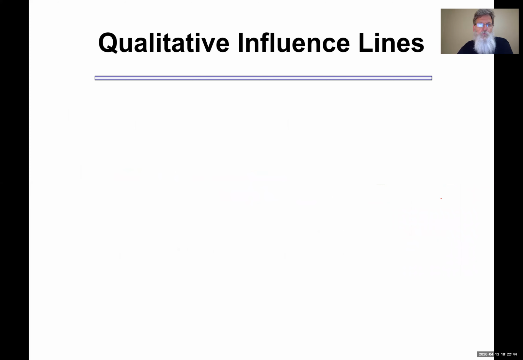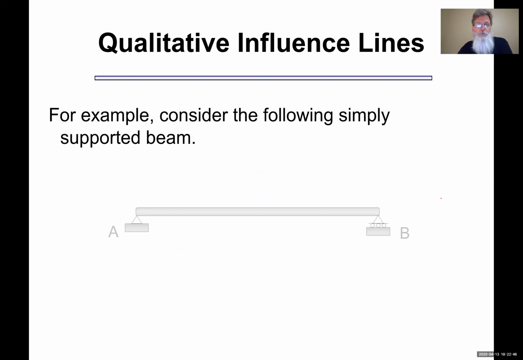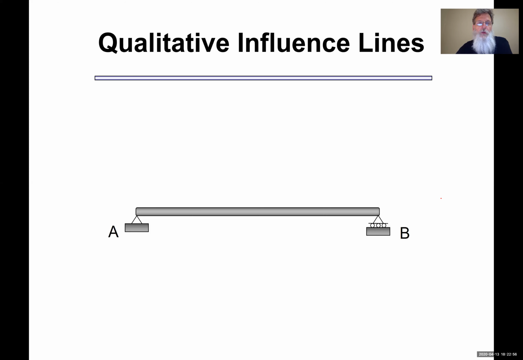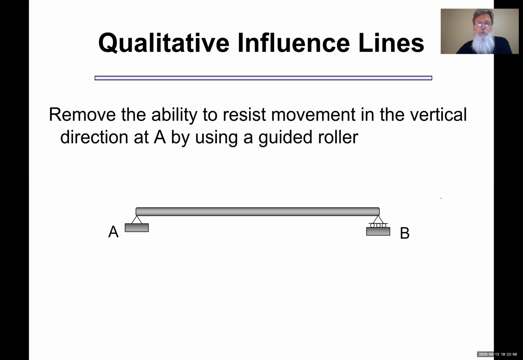So let's see how this would work. Let's consider a simply supported beam, A to B. What we want to find is the influence line for the reaction at A. So I'm going to go to A and remove its ability to withstand reaction. It's gone. And now I'm going to apply that reaction to it.